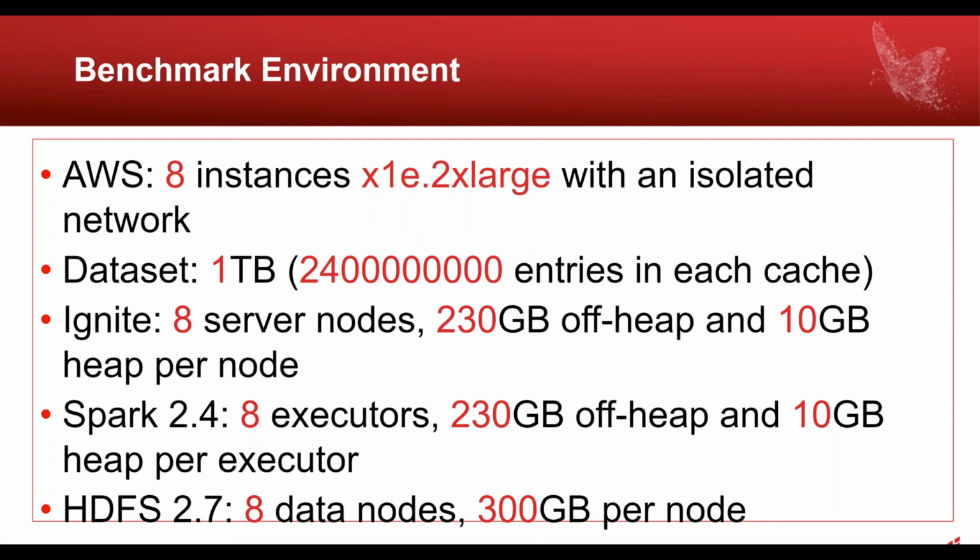You can see it on the screen. So it's 1 terabyte of data separated between 2 caches. Apache Ignite has 8 server nodes, Spark had 8 executors, and HDFS had 8 data nodes. Okay, it's clear.